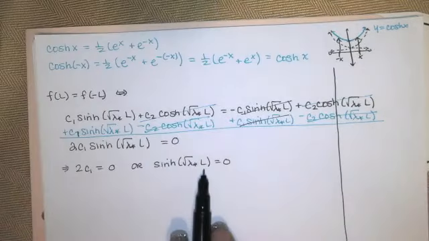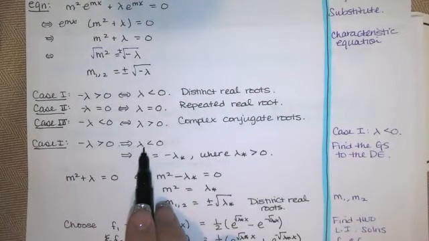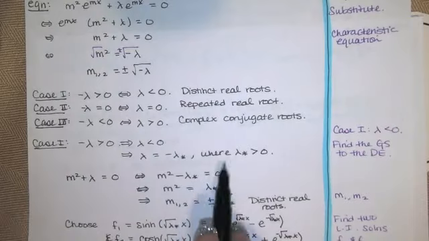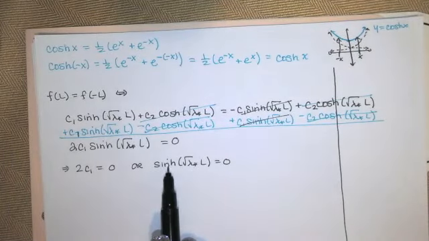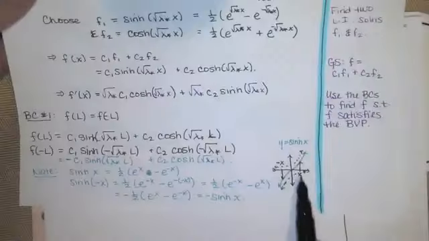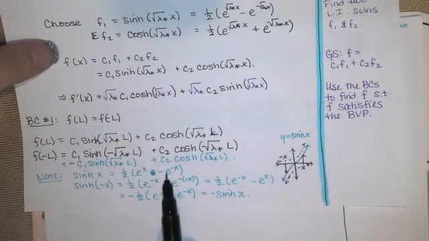Having said that, this is positive, and we are in the case number 1, where lambda is actually negative and lambda sub star is positive. So this is a positive number times a positive number, and we're taking a hyperbolic sine of that. Well, remember, hyperbolic sine looks like this. You can think of it again as a linear combination of these exponential functions.